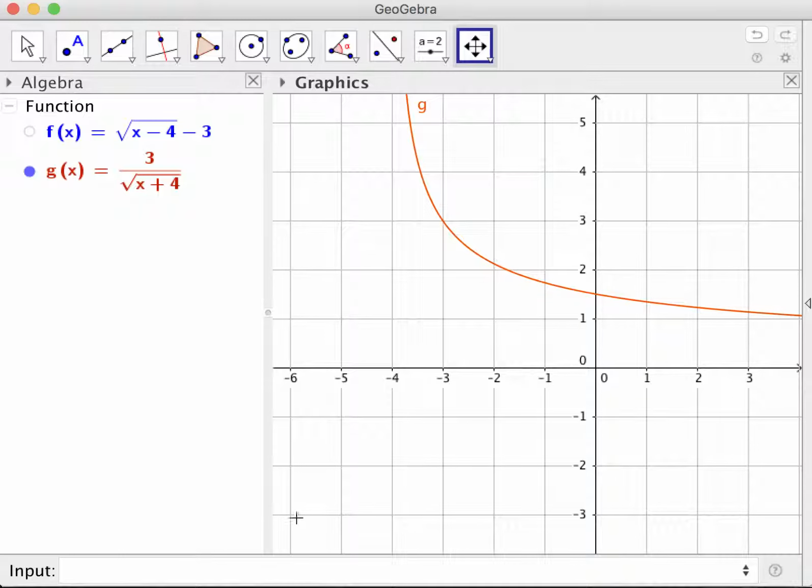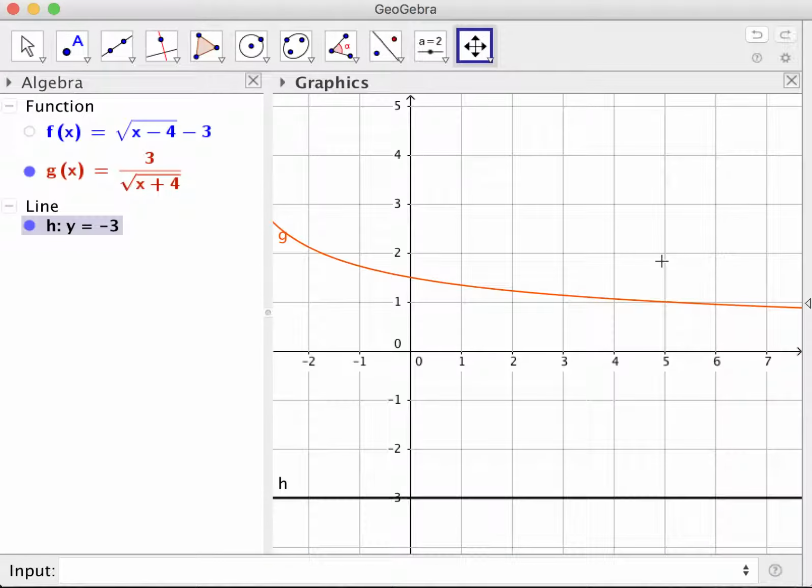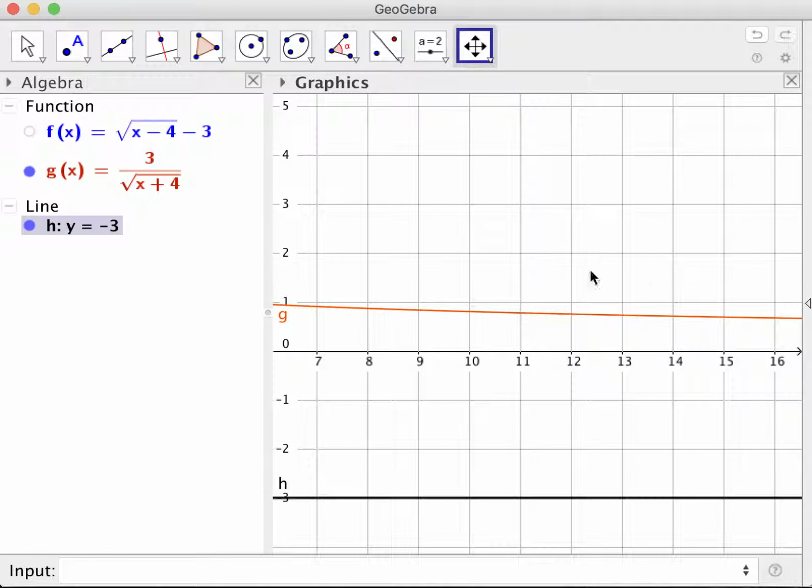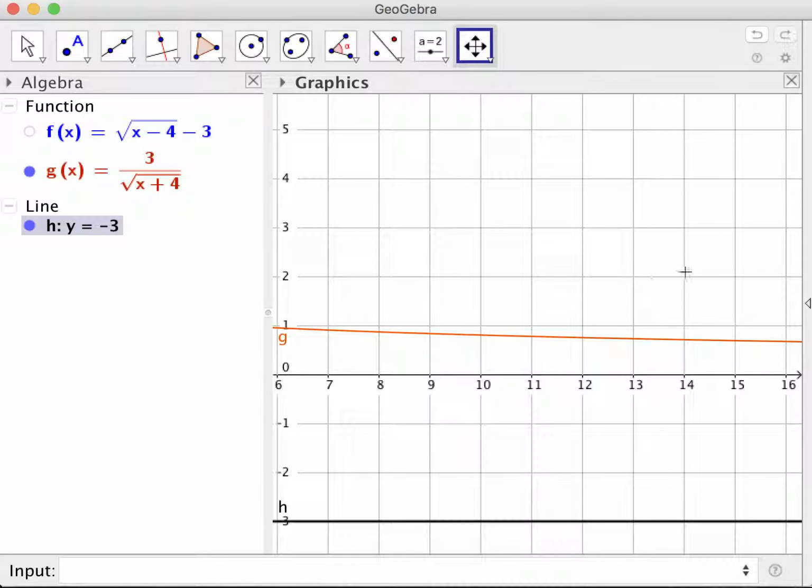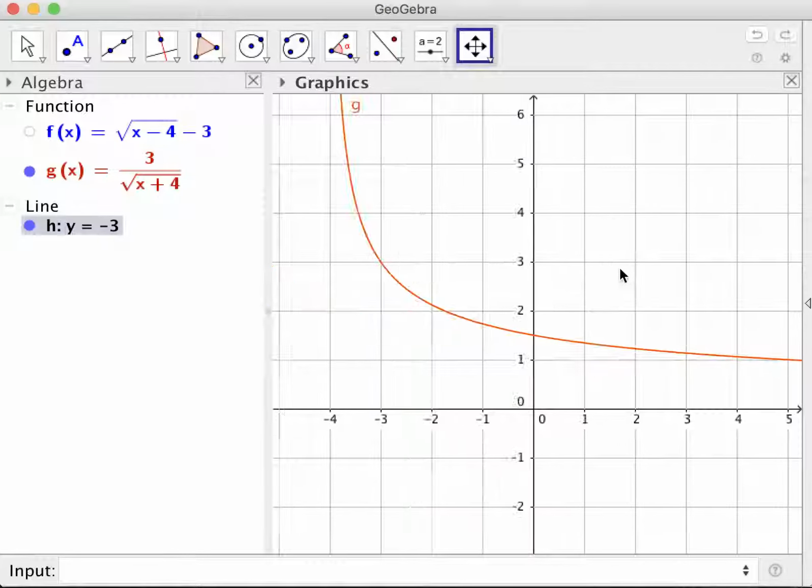Pag y equals negative 3, ito yun, yung line na yun. No? Try natin. Y equals negative 3. Di ba ito yung line na yun? Pag nag-y equals 0 ako, actually, I'm talking about the x-axis. At yung graph natin actually approaches y equals 0. But it will never be equal to 0 yung y coordinate niya.